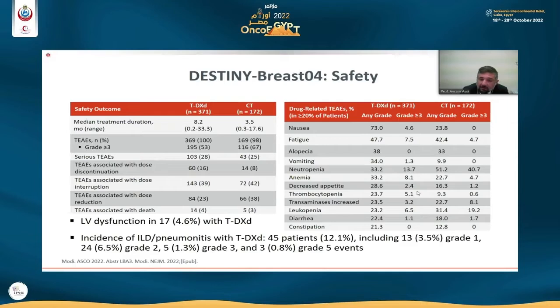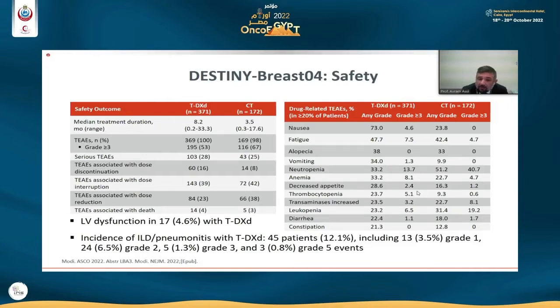Another thing that we noticed from this trial is that trastuzumab deruxtecan has a specific side effect, which we find in immunotherapy too, which is the incidence of pneumonitis, of which a very small percentage had grade 3 or more.